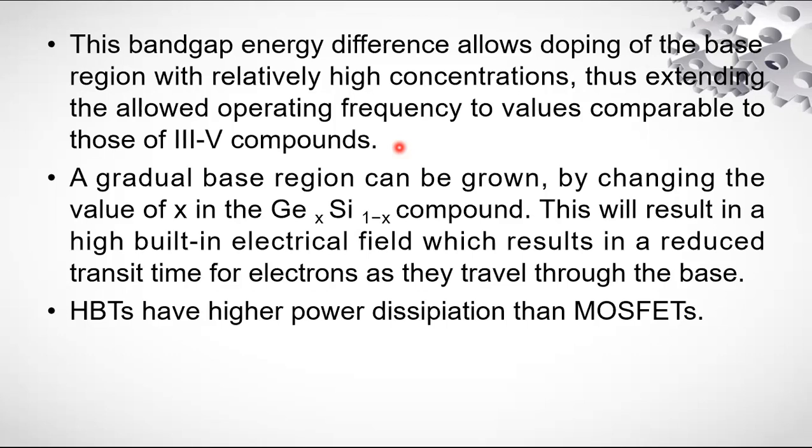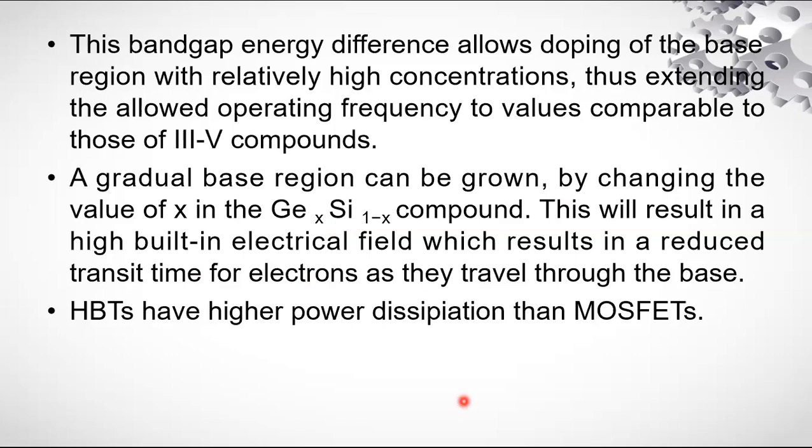So a graded base region can be grown by changing the value of the x in the compound, like Ge_x Si_(1-x). Suppose Ge_x Si_(1-x) is the compound, by varying the value of x, we can make a gradation in the doping values of the base region, and that results in a high built-in electric field, which will further result in a reduced transit time as they travel through the base, and we can operate such HBTs at higher frequencies.